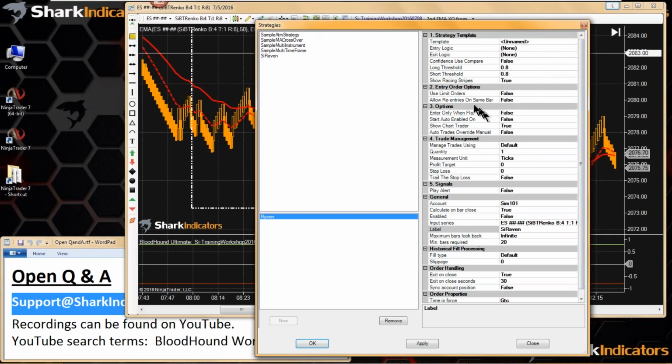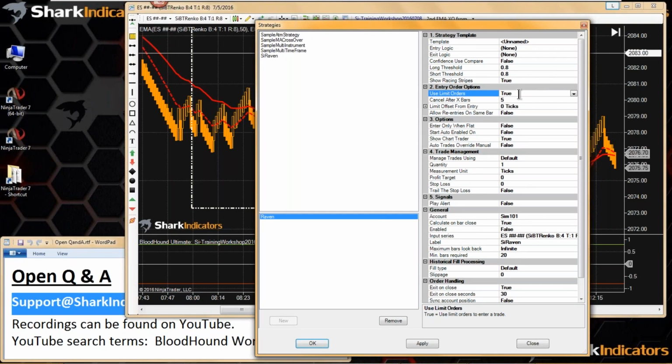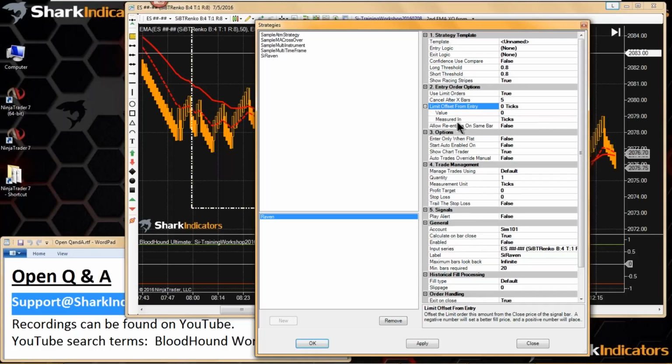And looking at the Raven settings here, Milburn, what you want to do is use a limit order. So we need to turn limit orders on. And now you have this limit offset from entry price. There are different ways, you have ticks or points or ATRs and Renko bricks.